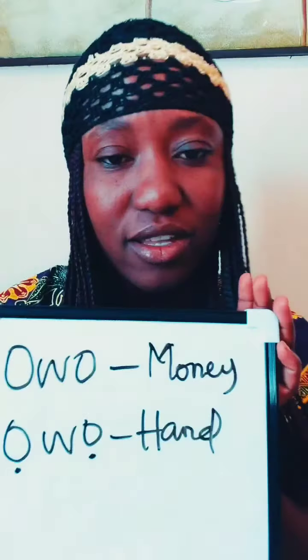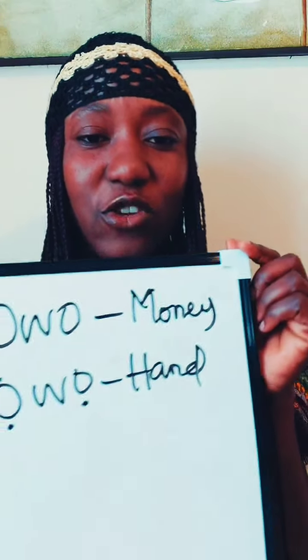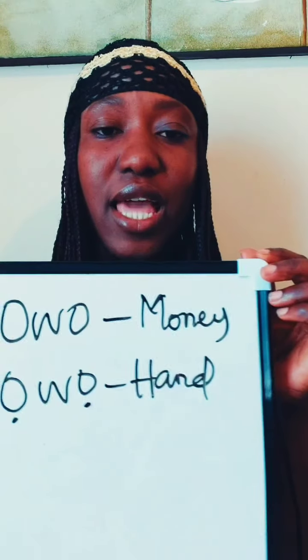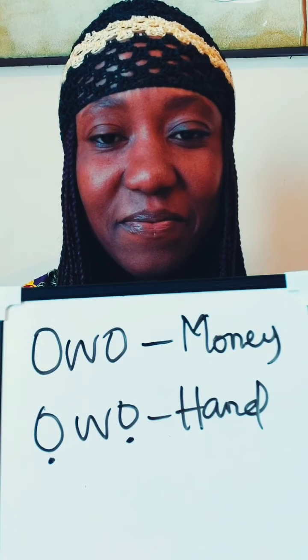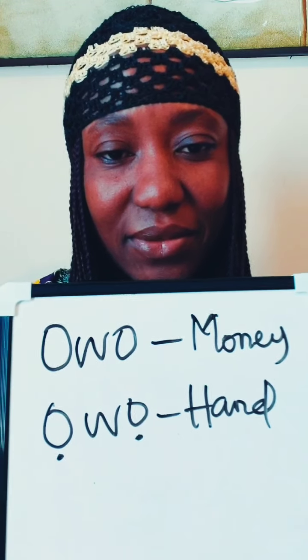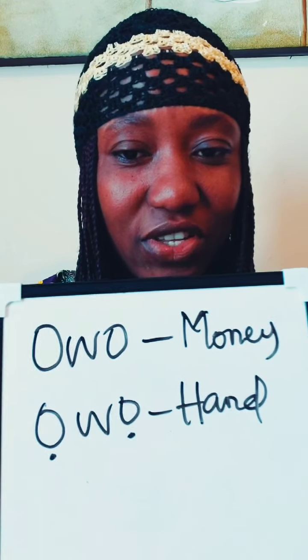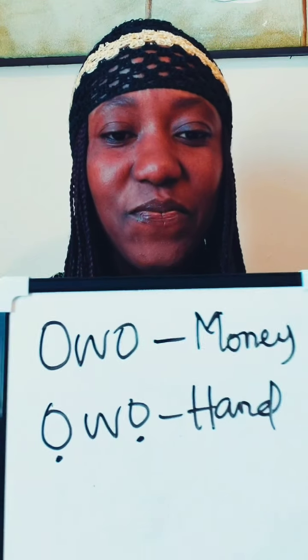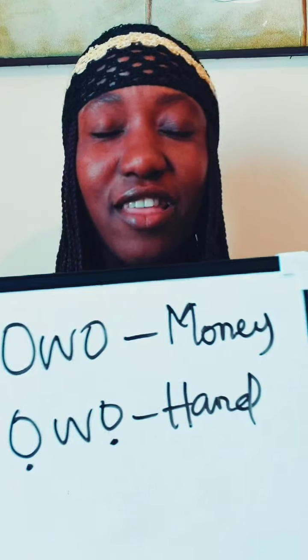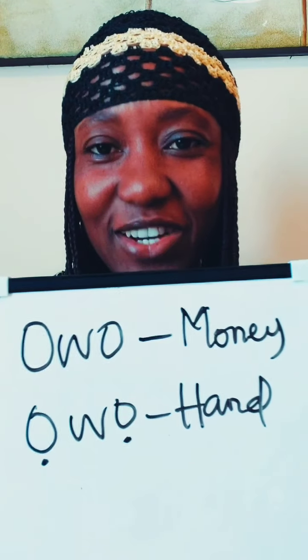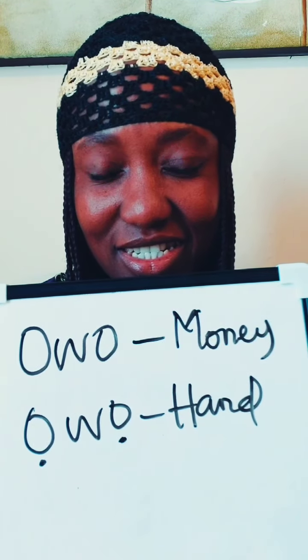Can you guess what tone mark is on them? But what is the tone mark on money and hand? How does it sound? Okay, then. Do you want me to help you out on the sound? Owo.